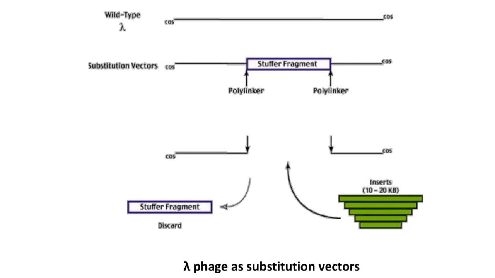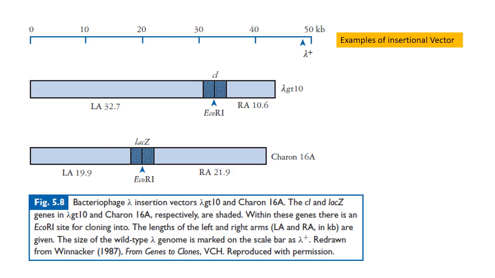In case of substitution vector, the stuffer fragment can be removed, and polylinkers can be added. That polylinker may work as the multiple cloning site where you can add your foreign DNA in case of substitution vector using the same lambda wild type genome.